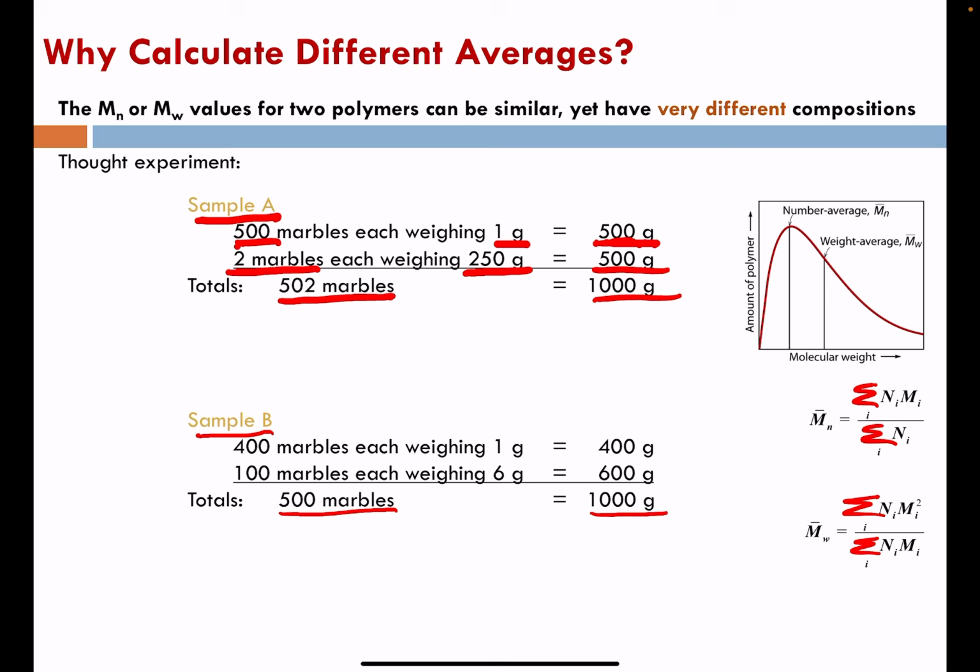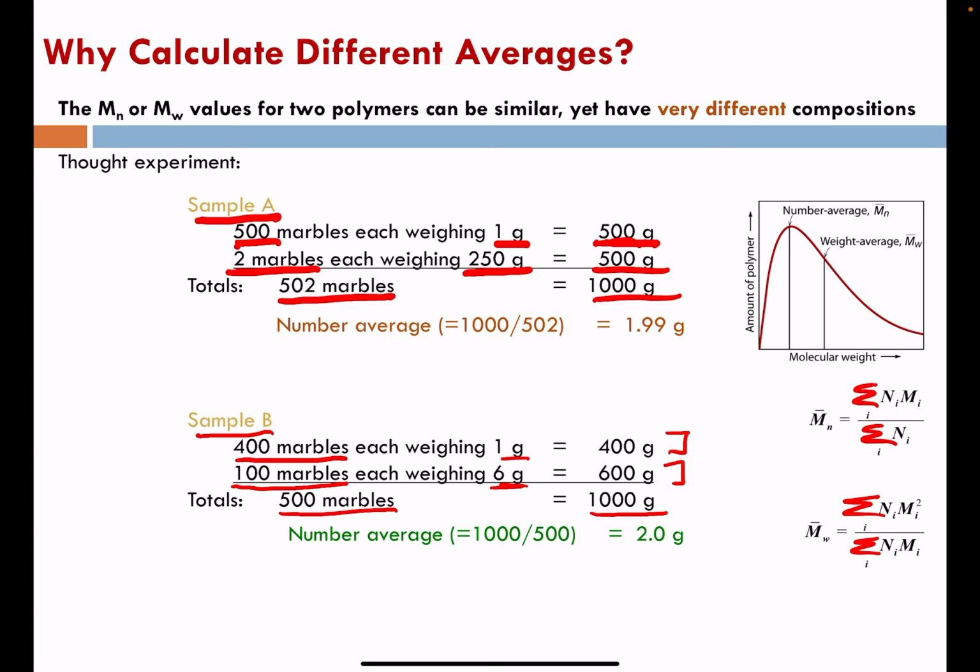For sample B, one subset is 400 marbles each at about 1 gram, and there is a significant population, 100 this time, where these weigh sixfold that, 6 grams each. Total mass contribution there, 600 and 400, totaling again to the 1 kilogram.